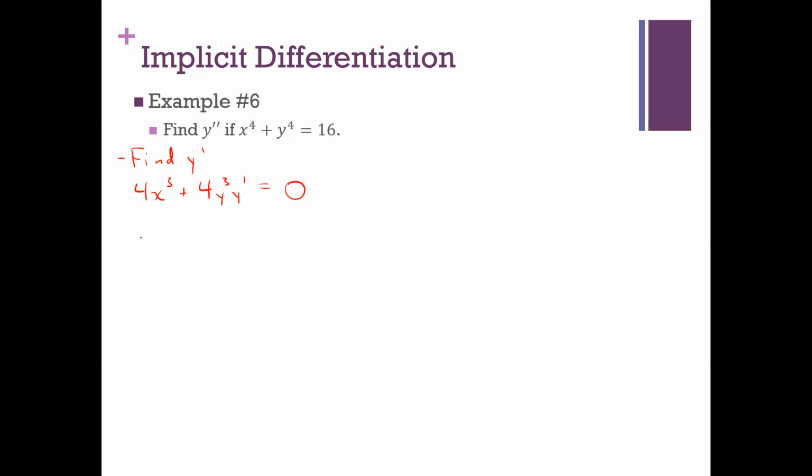You could. It's usually not pretty. This one is not going to be that bad if we tried that. In fact, if we hustle a little bit, maybe we can see both. But let's actually isolate y prime here. So I can divide both sides by 4.